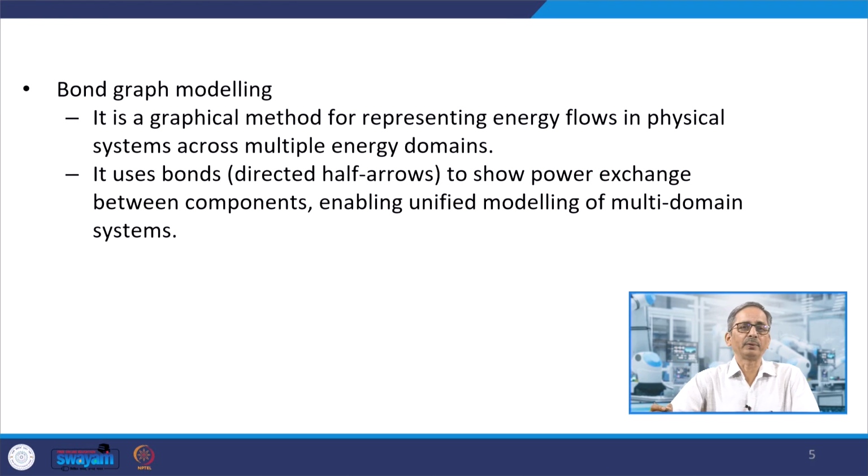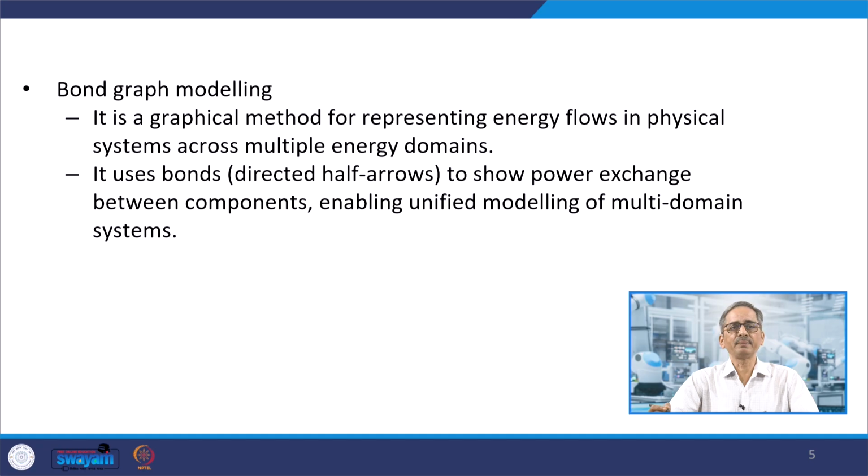The other popular method for the dynamic equation is bond graph modeling, which is a graphical method for representing energy flow in a physical system across multiple energy domains, say electrical, mechanical, hydraulic, electronics. This method is very popular in modeling mechatronic systems, where several energy domains participate in a system.